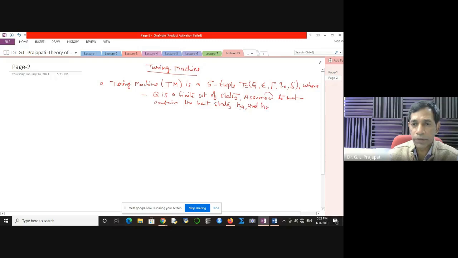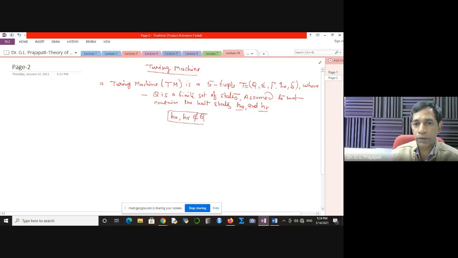So we are assuming that Q is the finite set of states, and we have two additional states which we denote by HA and HR. The assumption is that HA and HR do not belong to Q.